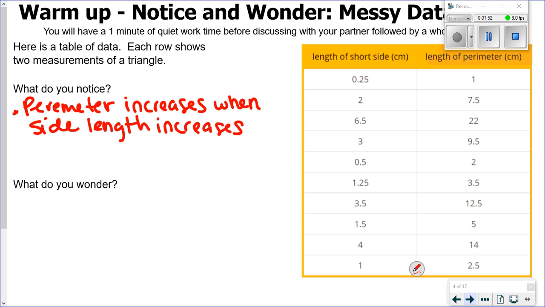I also noticed that the perimeters may be rounded possibly to the nearest half unit. And another thing I really noticed was that the data is not necessarily in any obvious order to me. It kind of seems all over the place.